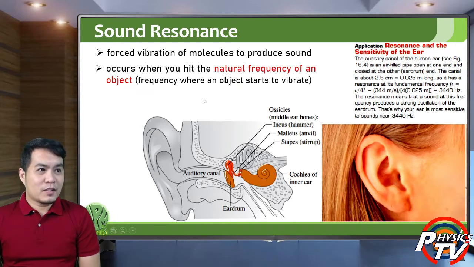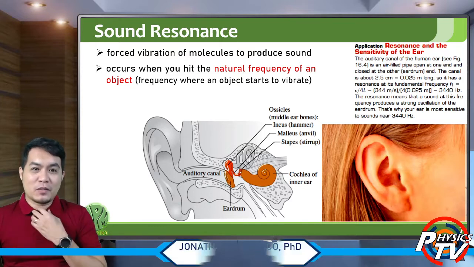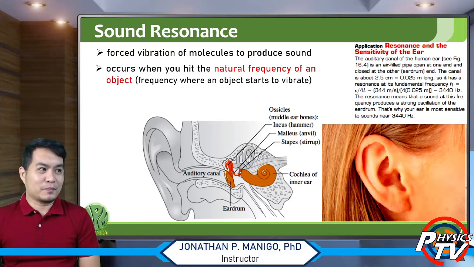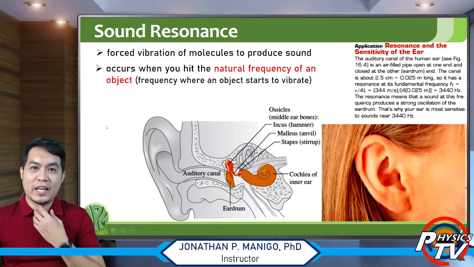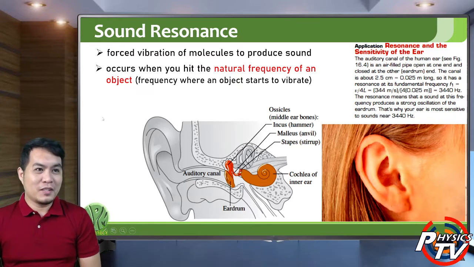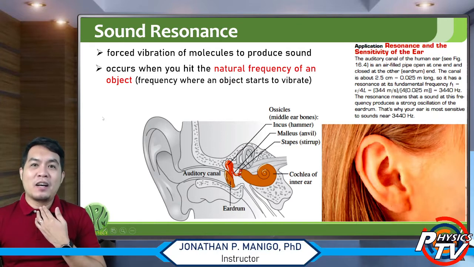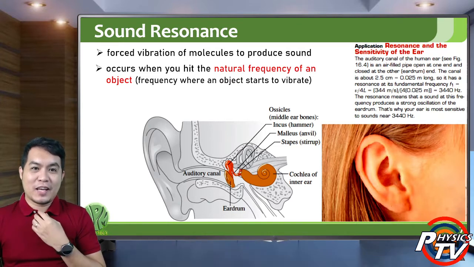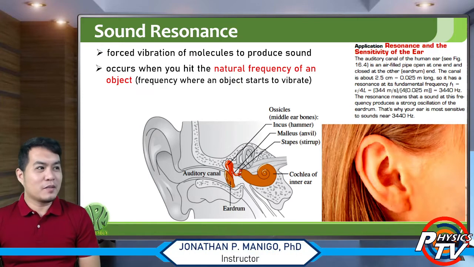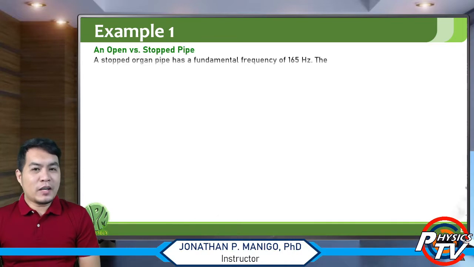Similar also with our windpipe, it's also a stop pipe. That's the way we create sound using our vocal cords. There's a pipe that creates sound, so our vocal cords are actually resonating with our pipe here to produce sound waves.